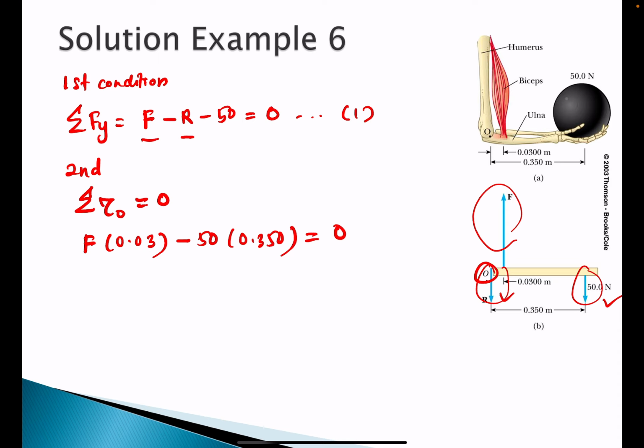So now you get to find the F. F is 50 times 0.350 divided by 0.03. You get around 583 Newton.